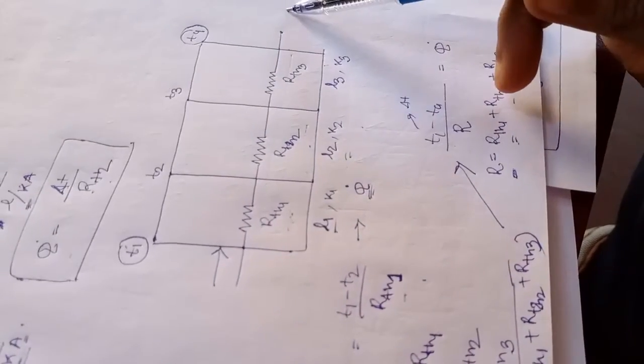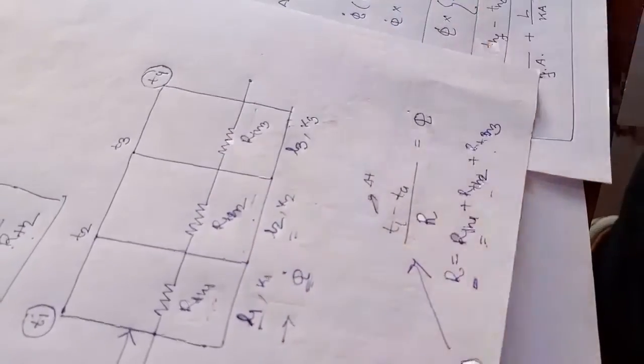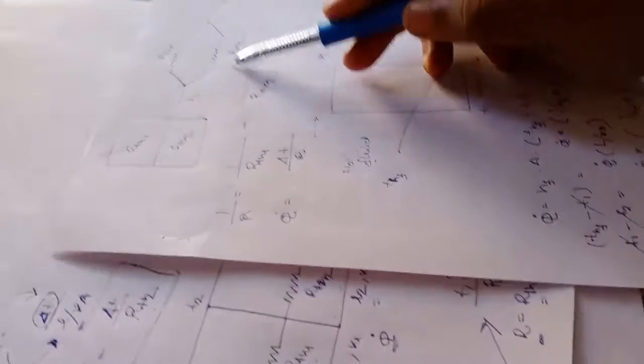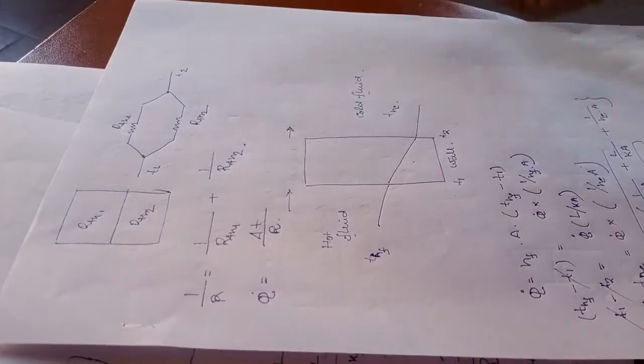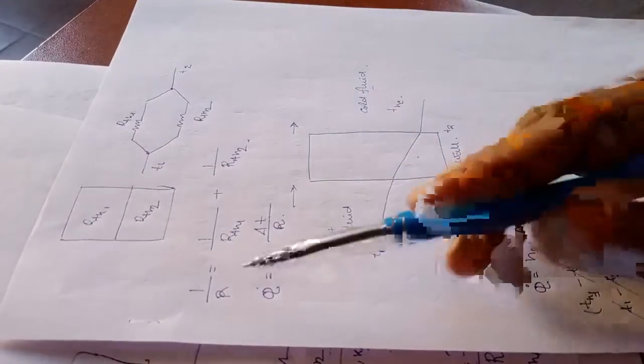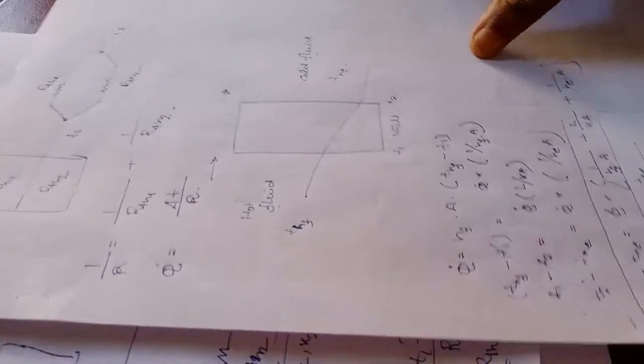If the walls are in series, the resistances will be added, and if the walls are in parallel, it will follow the same manner as your electrical analogy. So the total resistance will be the summation of the reciprocals of all the thermal resistances.